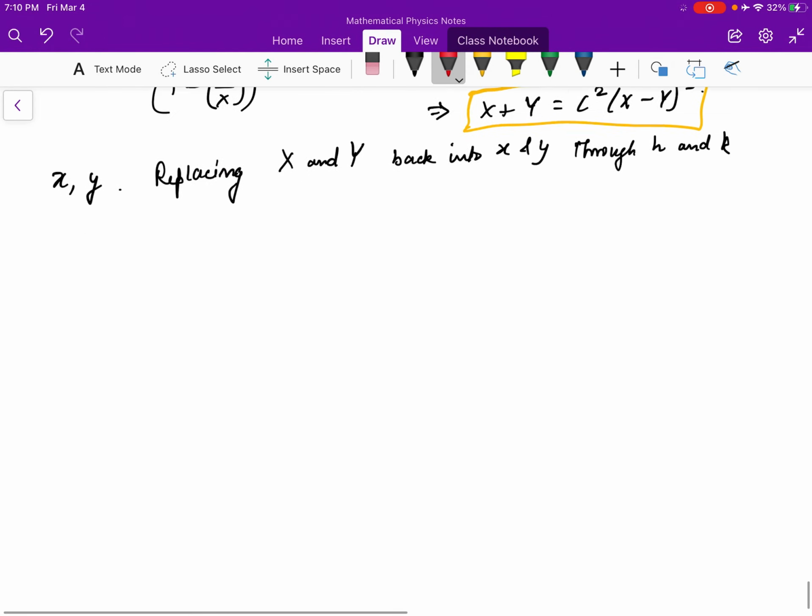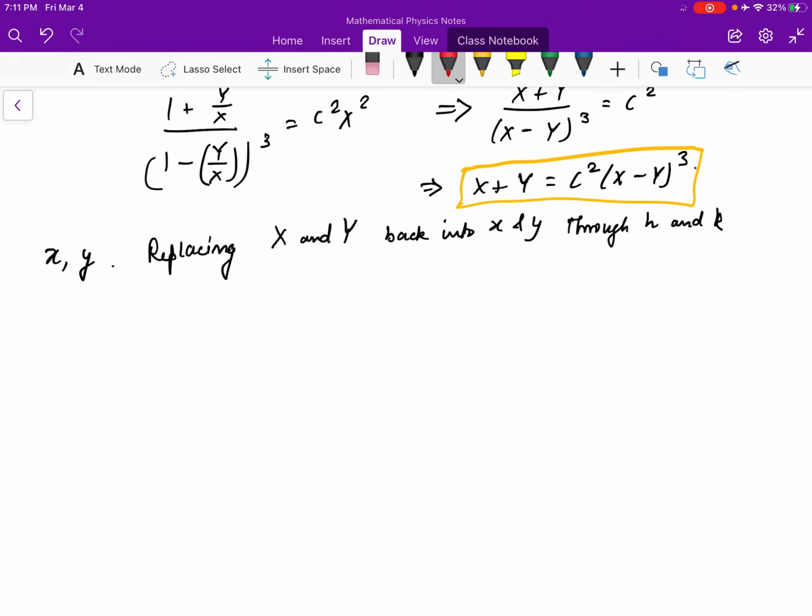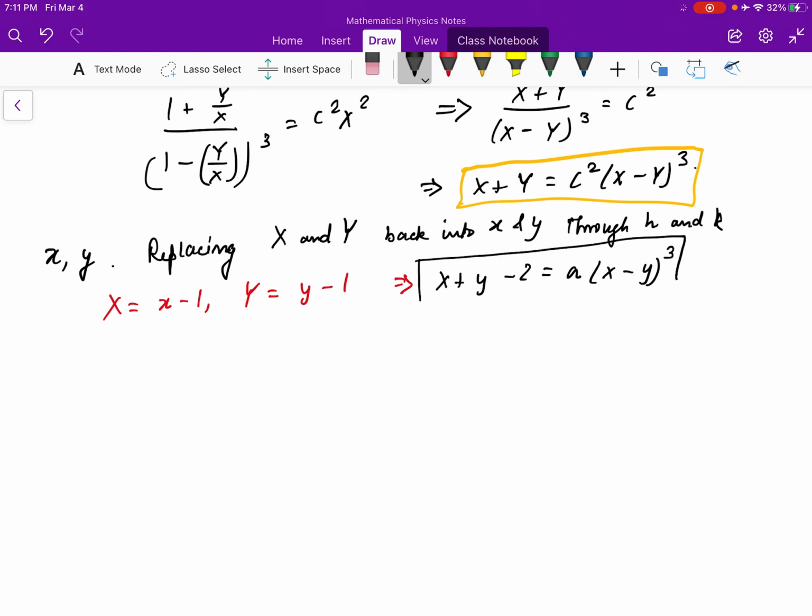Now once we have that, we replace it back. So put X equal to x minus 1, Y equal to y minus 1, finally giving back the form, which is x plus y minus 2 is equal to a(x minus y) whole cubed. And that's the final answer.